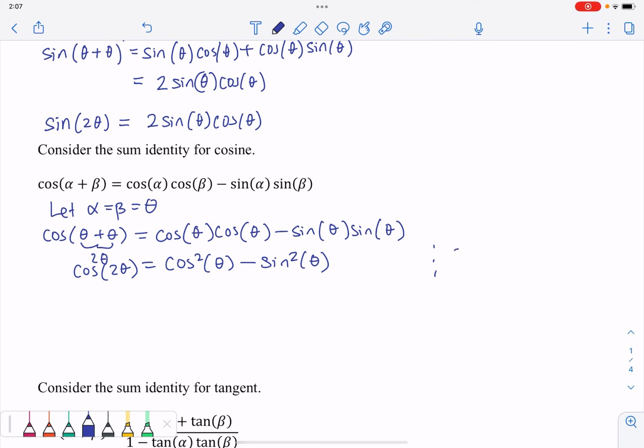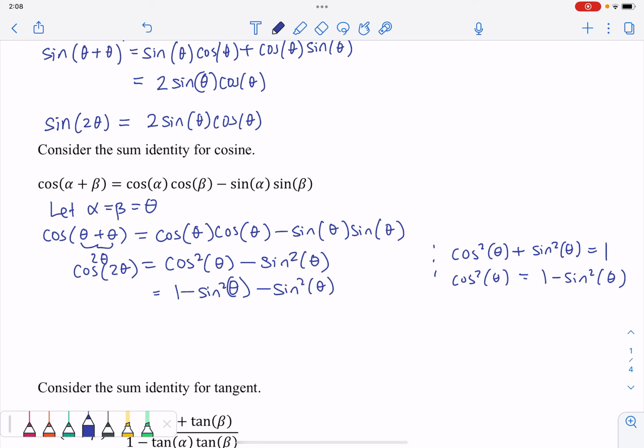But I know from my Pythagorean identity that cosine squared theta plus sine squared theta equals 1. So if I replace cosine squared theta with 1 minus sine squared theta, as I can do by my Pythagorean identity, then my double angle identity for cosine becomes 1 minus sine squared theta, and then minus the sine squared theta that was there before.